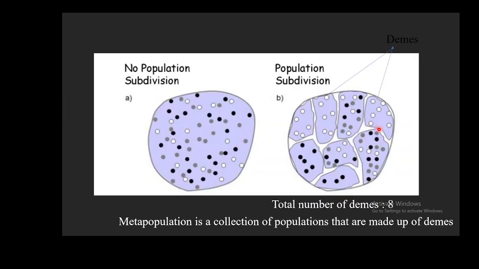So let's see this diagram here. These are the demes, 8 demes. Whenever the altruistic genotypes are beneficial not within demes but between demes, then there is going to be interdeme selection. So these are 2 demes, and the selection will occur if the particular altruistic behavior is advantageous between 2 demes, not just for the individuals living within demes.